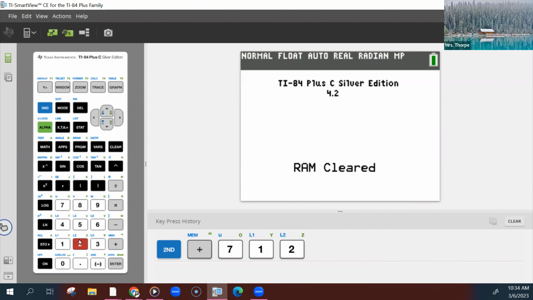Reset it in second plus 712. And then we're gonna put the second equation into our y equals.